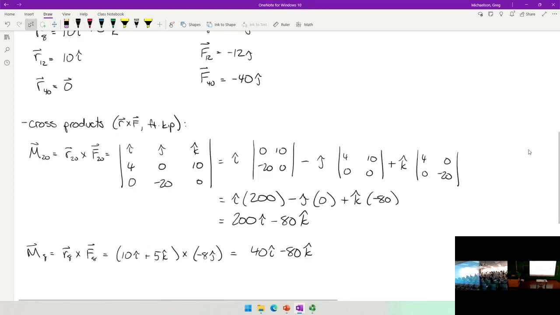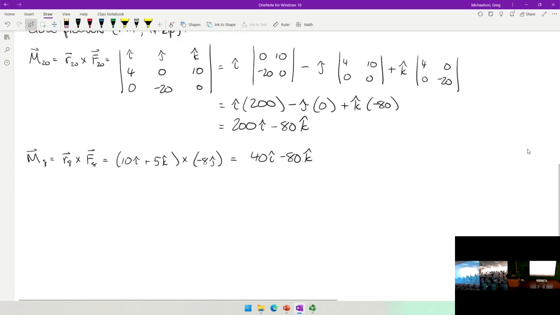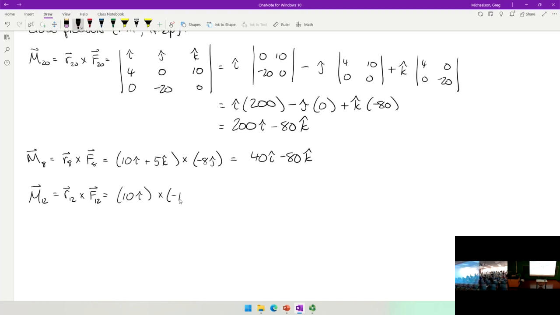I'm going to scroll down a little bit and write 8 better than that. Okay, so M12, we're going to take R12 cross with F12. This one's going to be a lot more basic because all we have is 10I crossed with negative 12J.